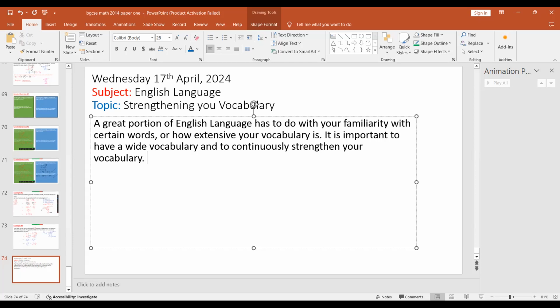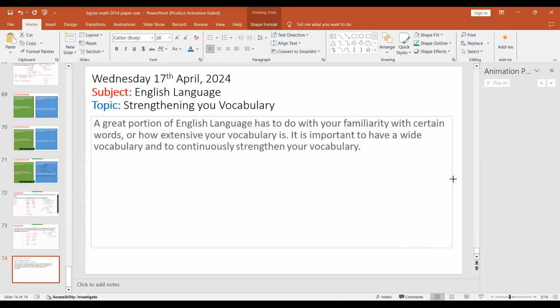So when it comes to the English language, a lot of it has to deal with how many words you know, how great your vocabulary is. Vocabulary is the words you know, the words you understand, the words you can pronounce, and the words you understand the context of.